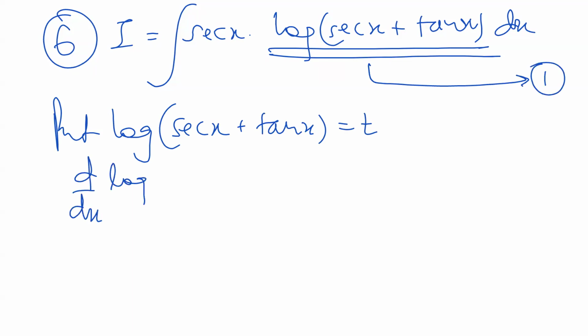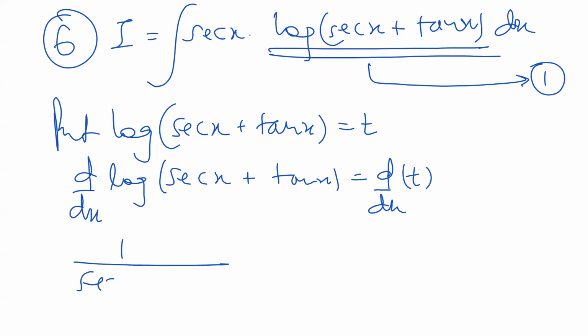Derivate this. d/dx of t is d/dx of log sec x plus tan x, which is 1 upon sec x plus tan x into d/dx of sec x plus tan x. Chain rule.